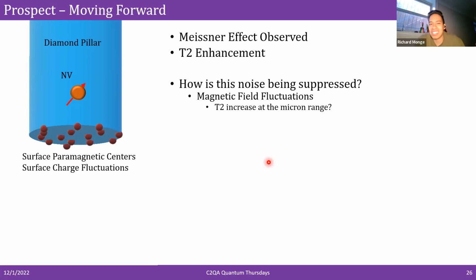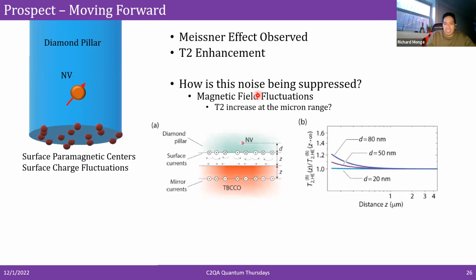By the way, it's interesting, there hasn't been any question, but I didn't pay attention to the magnetic field fluctuations. So why is it? The reason for this is because our simulations, considering also surface currents and also mirror dipole moments, which I haven't included here, unfortunately, but considering both of them, our calculations do not agree with what we observe if we only consider magnetic field being the main source of noise.